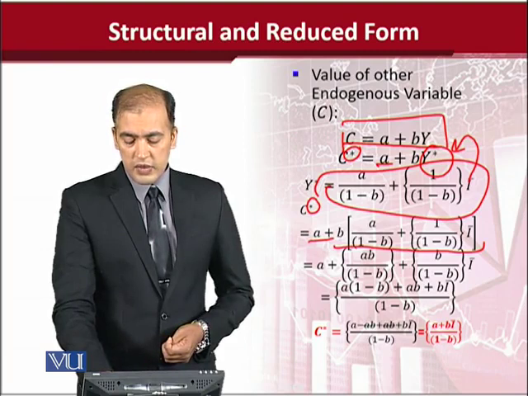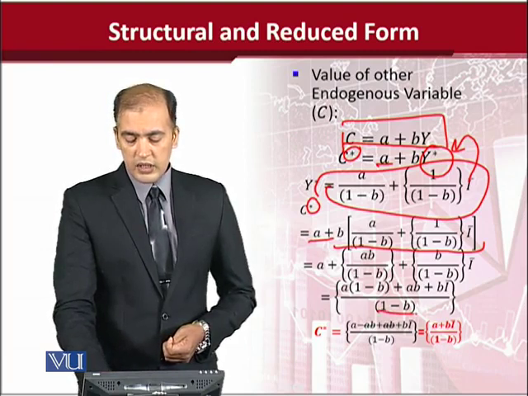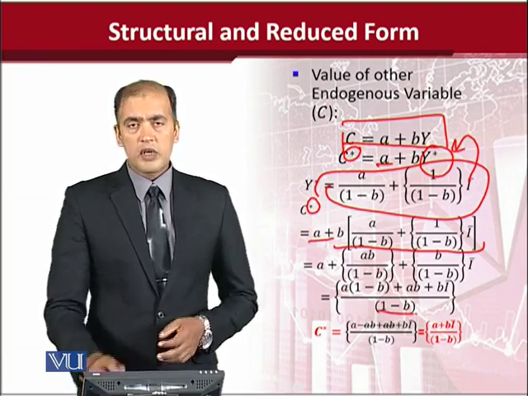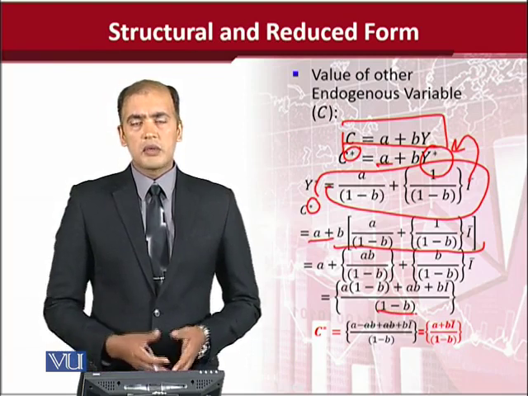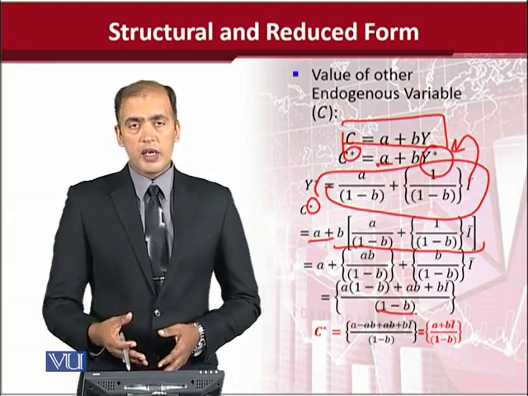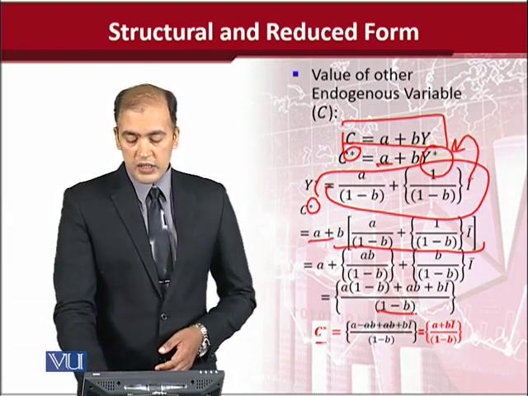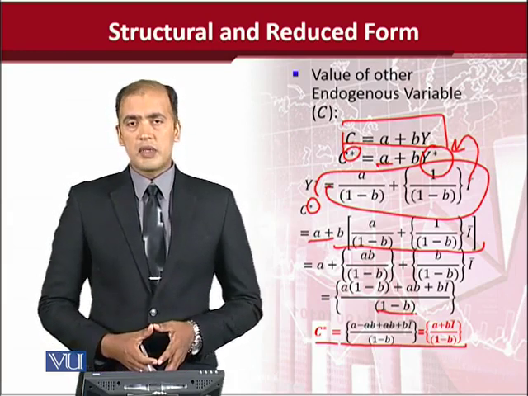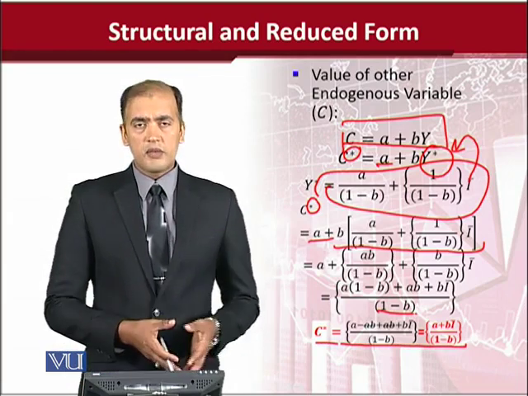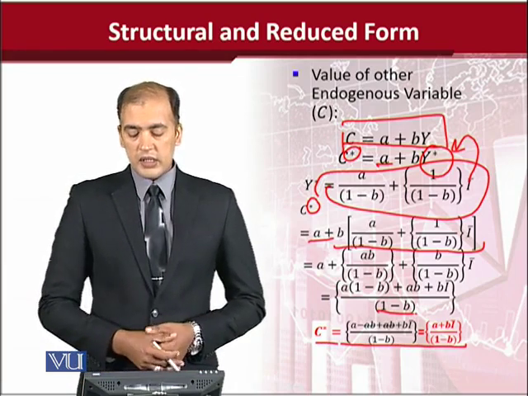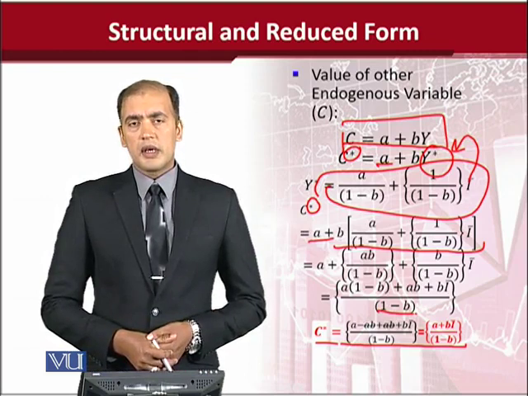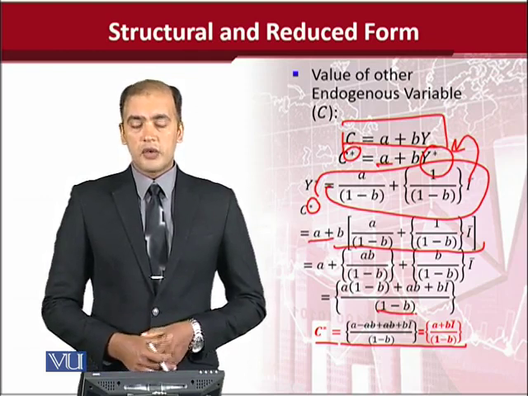As you can see, we have taken this LCM and we are simplifying it, which you can pause the video and do this easy process and verify if the answers are okay. After simplification, we get the value of the second endogenous variable, which is C, and this is the value of the consumption in its reduced form.